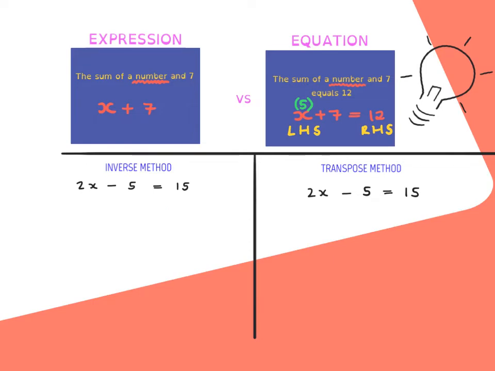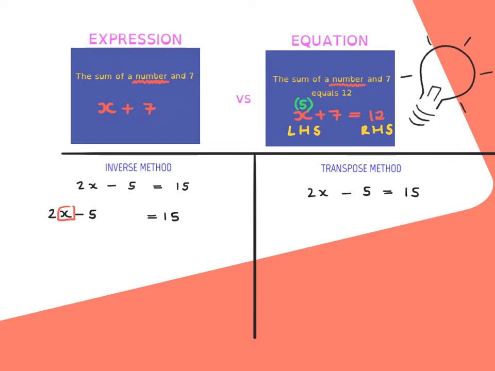So remember what we are doing in these questions. We are solving for x, our unknown variable. If I use this first method, the inverse method, I'm going to have 2x minus 5 equals 15. I'm just going to leave myself a little bit of space here. The first step: I want to be left with just x isolated on its own on the left-hand side.